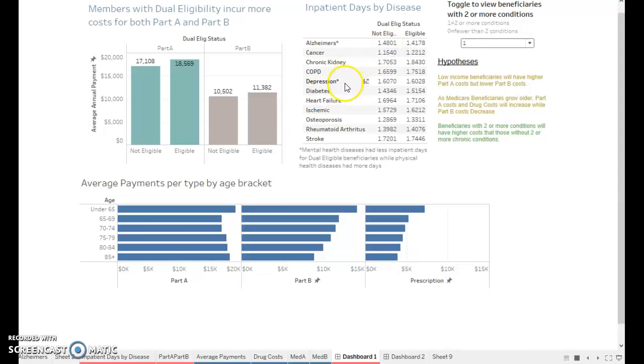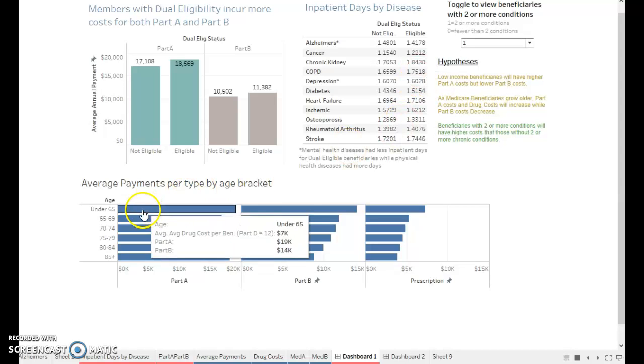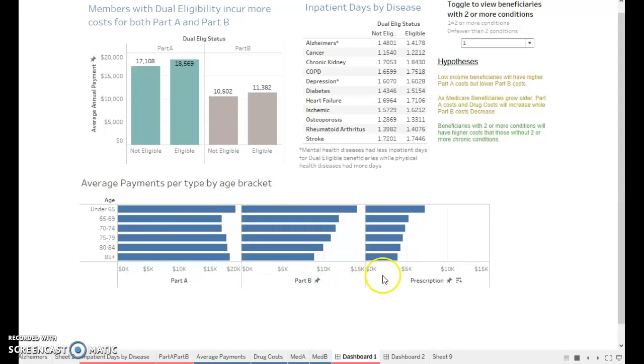We can see that now average inpatient days range from a low of just over 1 to a high of almost close to 2 inpatient days when they have 2 or more chronic conditions. And we can also see a big jump in the Part B cost and the prescription cost.